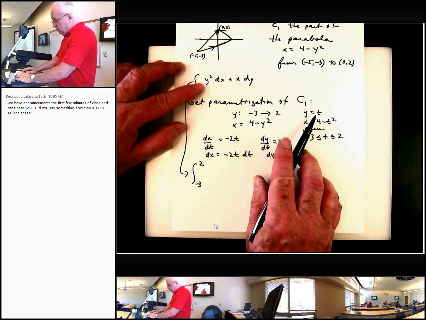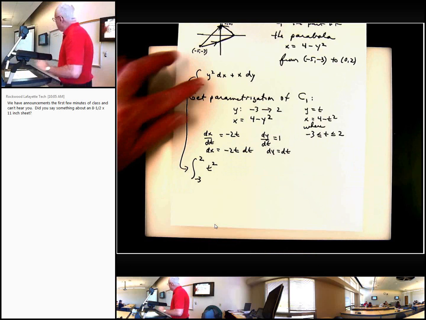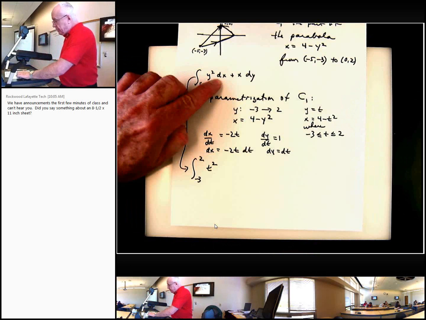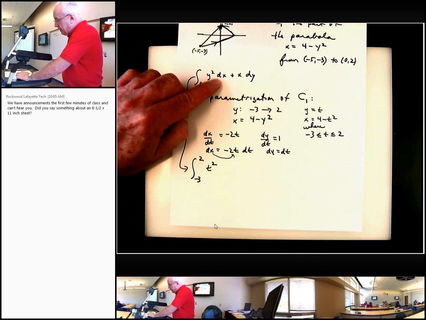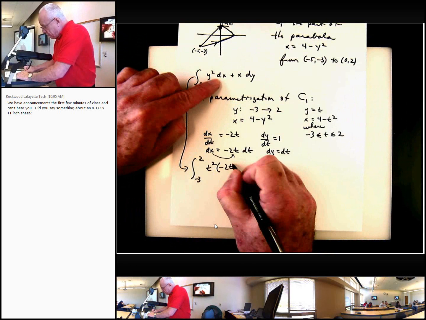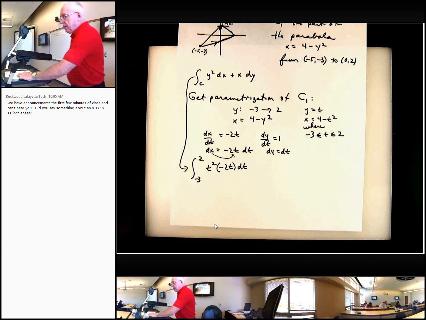Y is just equal to t. So instead of y squared, I'm going to put t squared. And then I've got to replace dx. So dx gets replaced with -2t dt. So let me put parentheses, -2t dt right there. Okay, that's our first half.